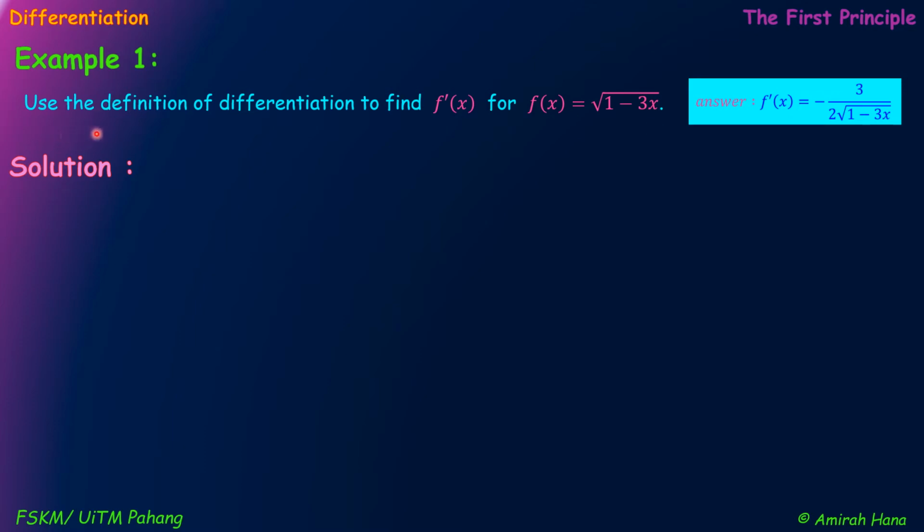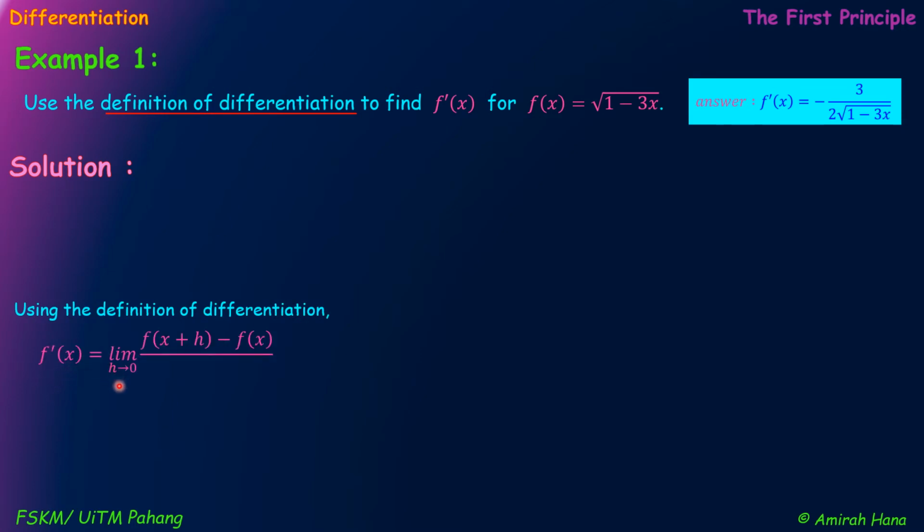But if the question states the definition of differentiation, we need to find f prime x using the definition, where f prime x equals limit h approaches 0, f(x plus h) minus f(x) over h. From this formula, first we identify f(x) and then find f(x plus h).